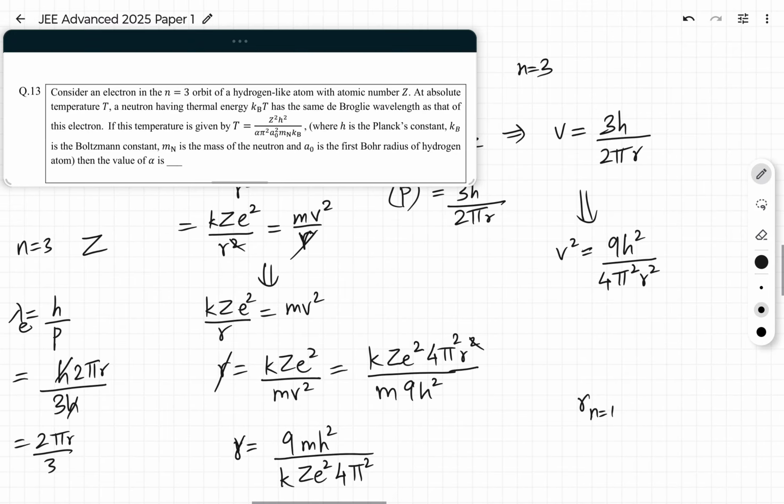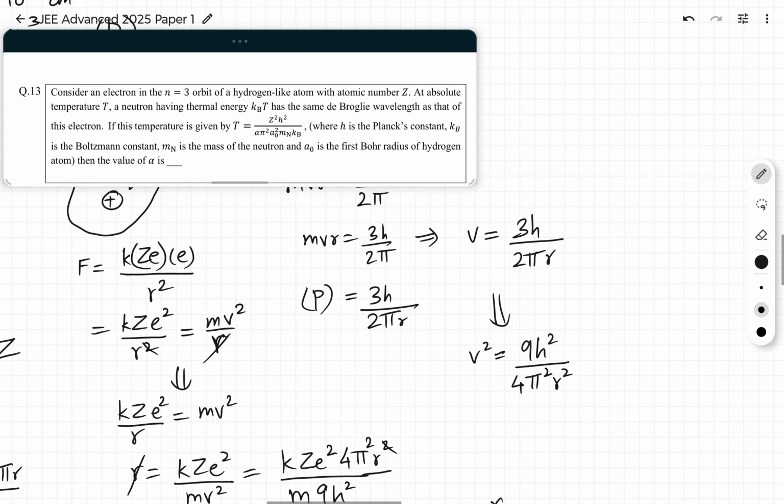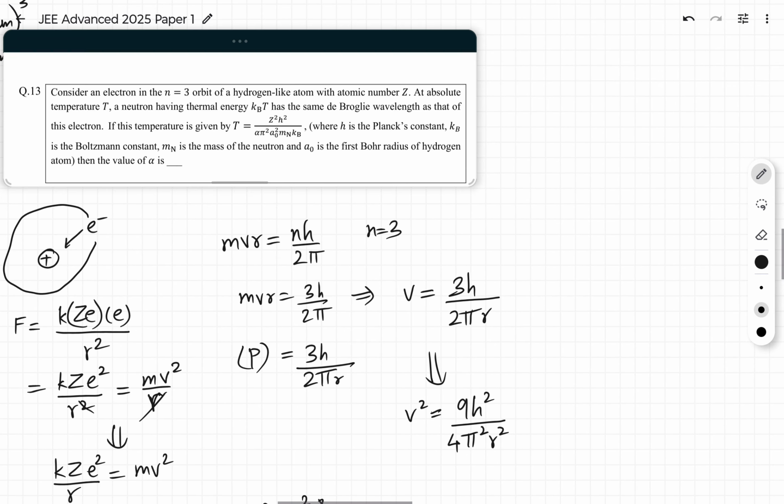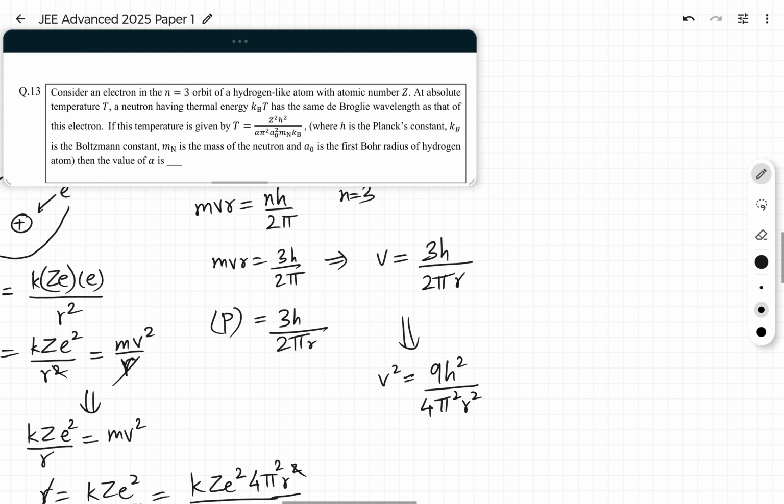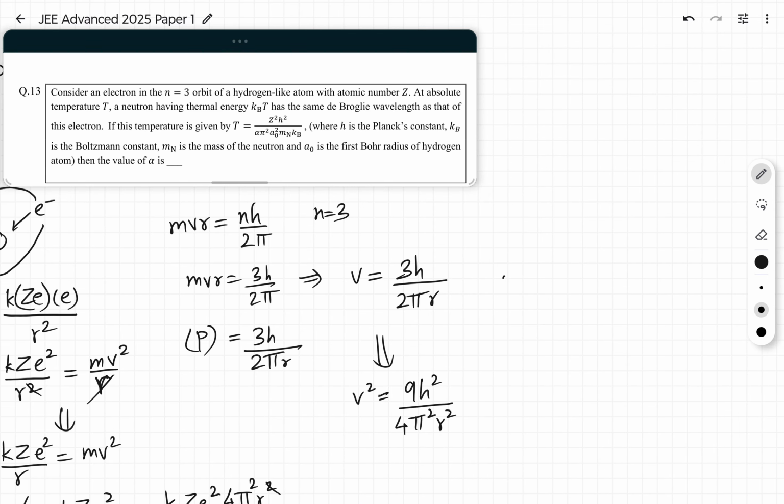So in order to bring that in, let's get the general expression for this v. The general expression for v is nh by 2 pi r.